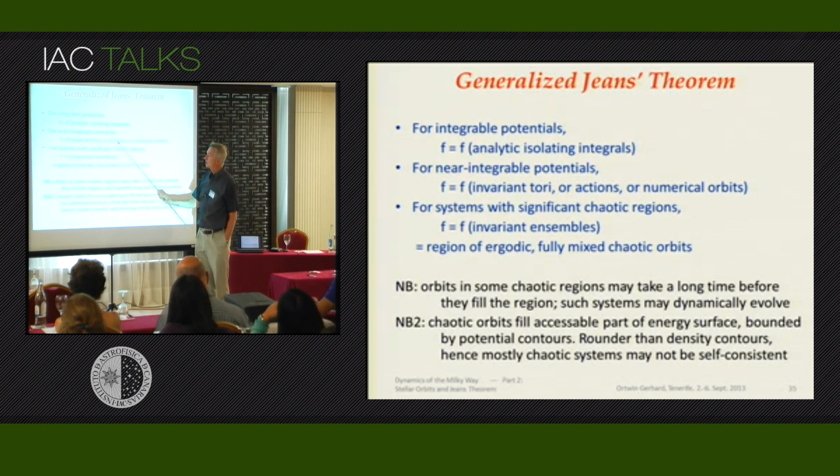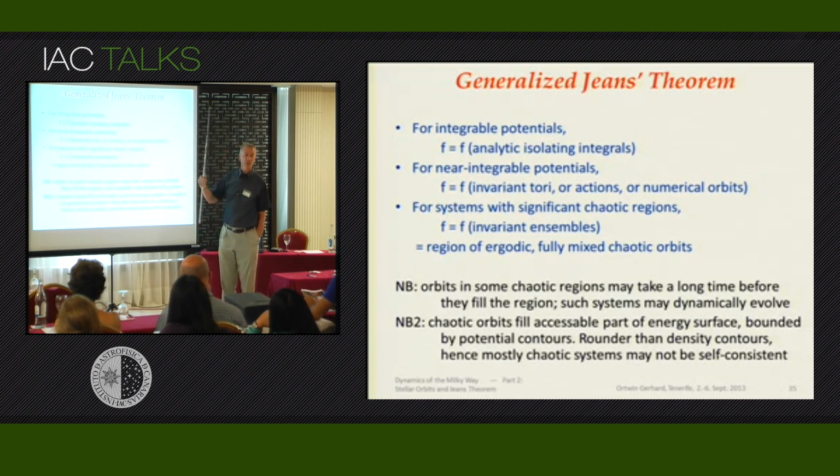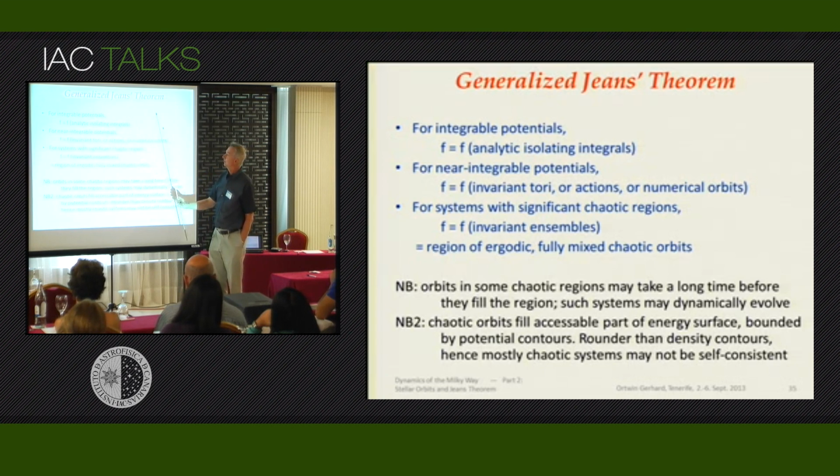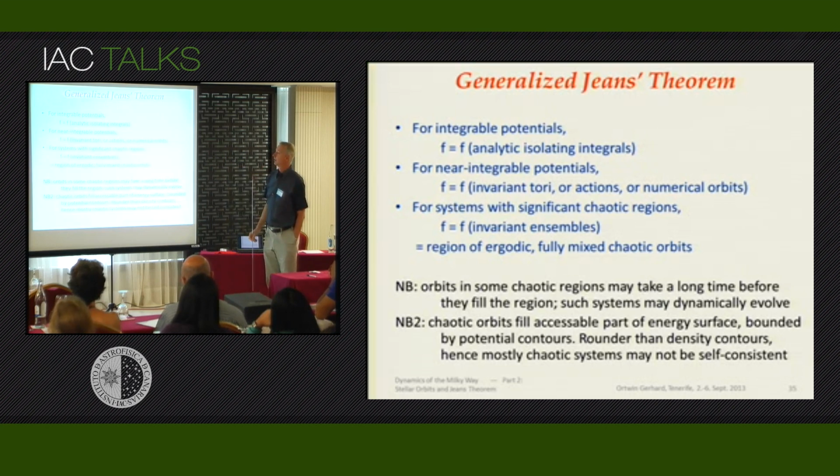So now we said there aren't isolating integrals for all potentials, certainly not analytic ones. And so you can generalize Jeans' theorem in the following sense. You can say if your potential doesn't admit analytic isolating integrals, but it's still near integrable, you can say my distribution function can depend on the invariant tori, or it could depend on the actions that describe those tori, or it could also be written as a function of the orbits that move on those tori.